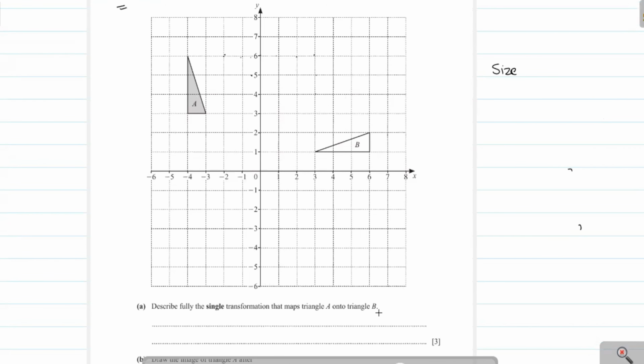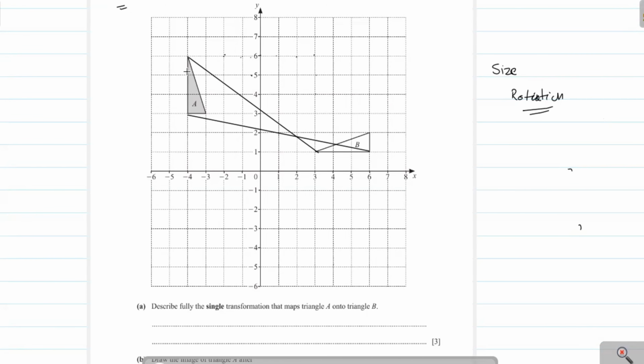After this we join object points and image points. And when we join image and object points, if these lines are not parallel, it means this is a rotation. Therefore, this is rotation. And firstly, we have to find the center of rotation.